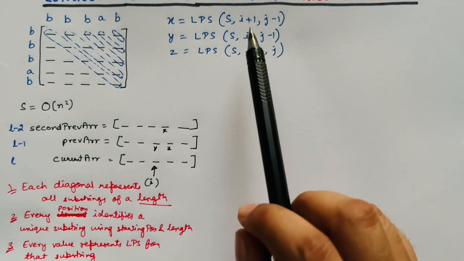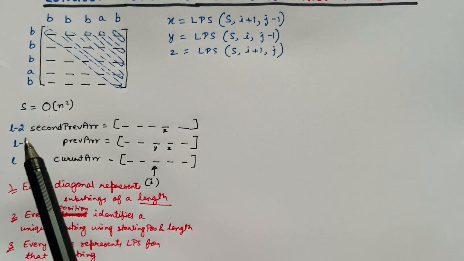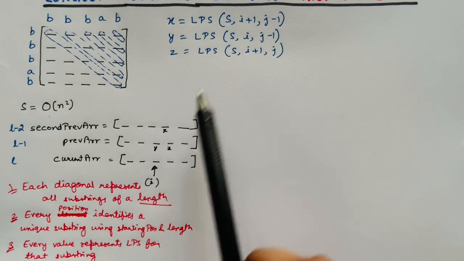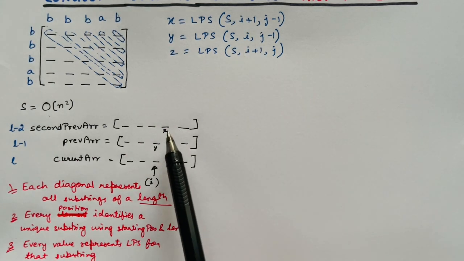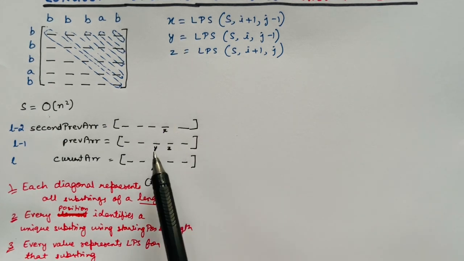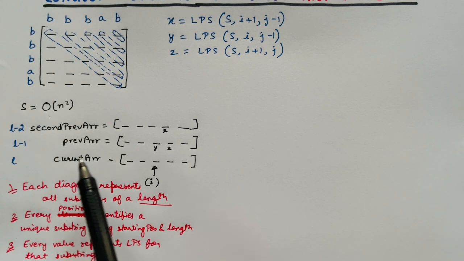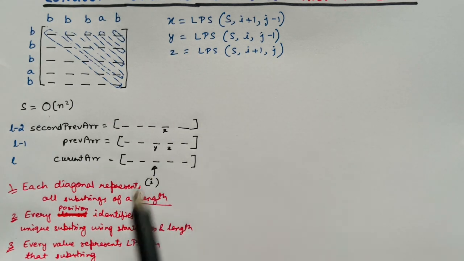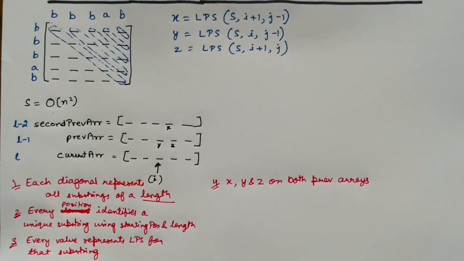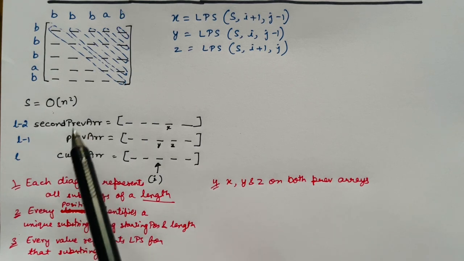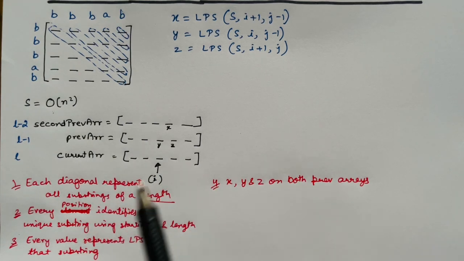That means x will lie on the length L minus 2 diagonal and at position I plus 1. So x will correspond to this value. Similarly, y will correspond to this value because it lies on the length L minus 1 diagonal, and z will correspond to this value. So now we know how we will use these previous 2 arrays to fill the current array.